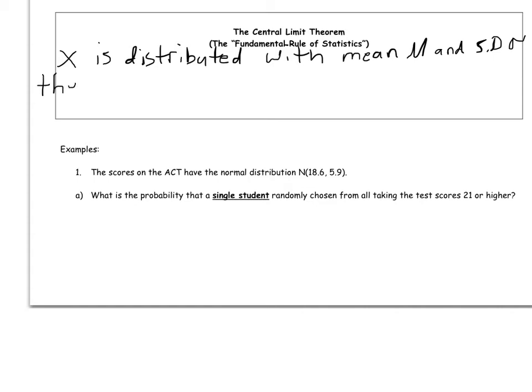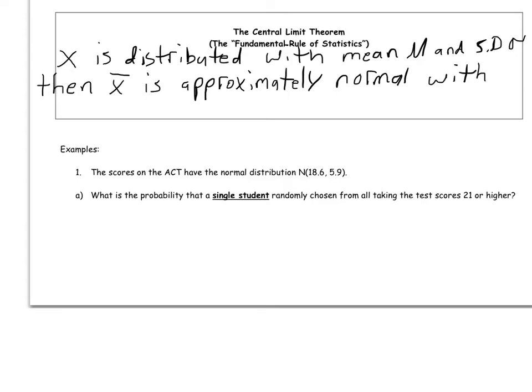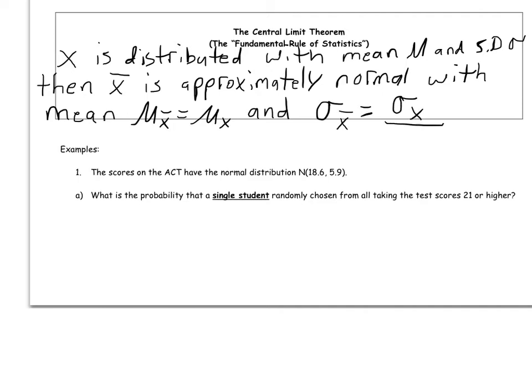Then x bar, the distribution of sample means, will be approximately normal with mean exactly the same, and the standard deviation of the sample means will be the standard deviation of the original distribution divided by the root of the sample size.